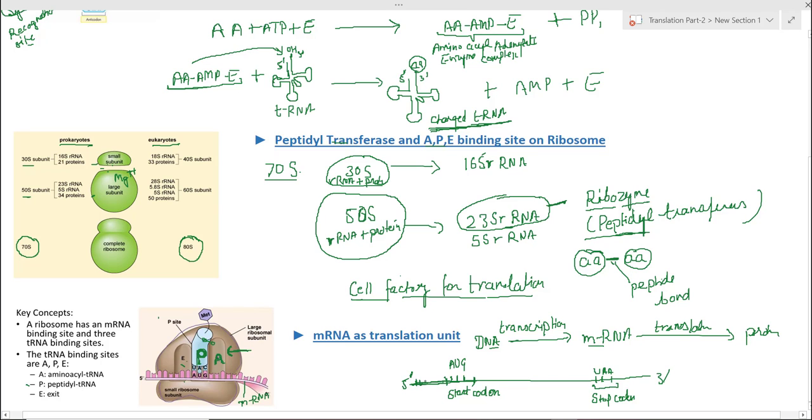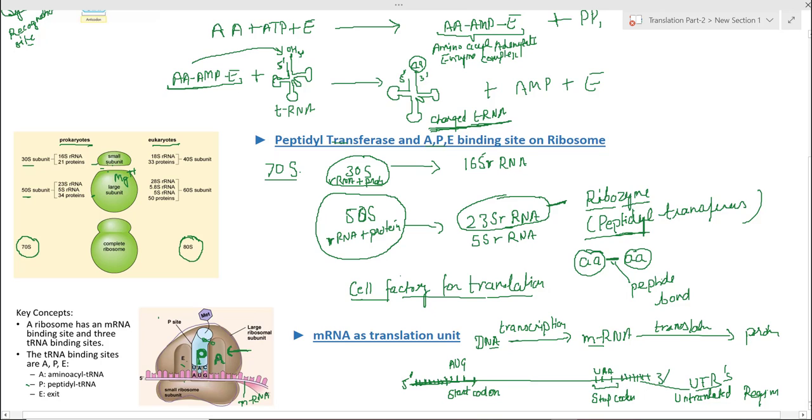There are some other sequences also at the 5' site before the start codon and at the 3' site after the stop codon, and these sequences are known as UTR. It is untranslated because these sequences do not get translated. Untranslated region. This is the untranslated region, UTRs we say.